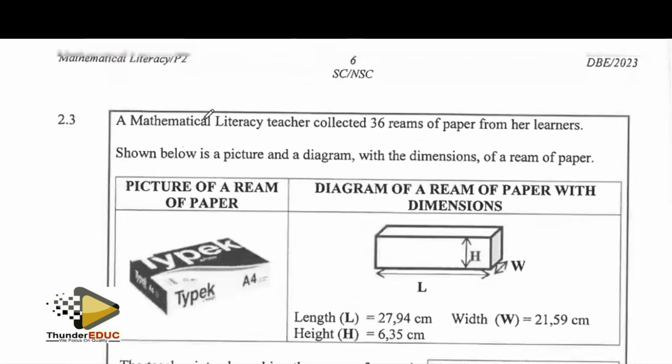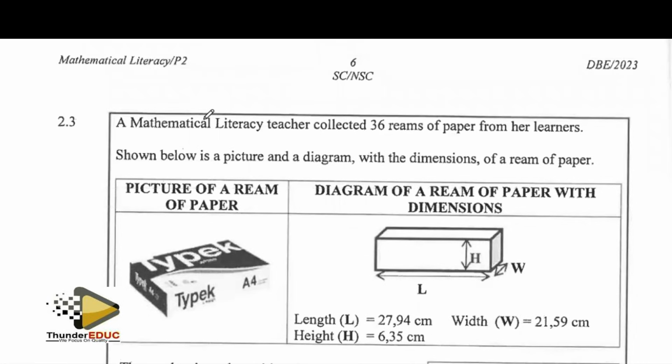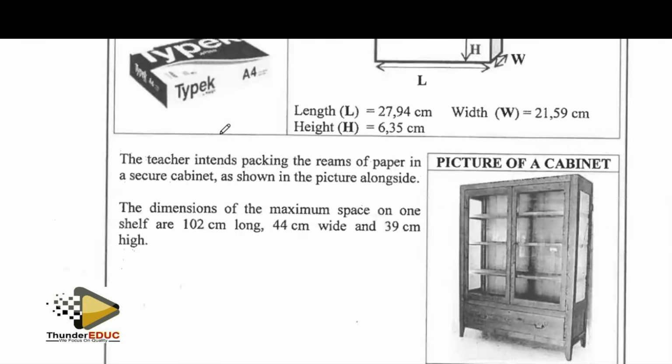Here we have the diagram. A mathematical literacy teacher collected 36 reams of paper from her learners. Shown below is a picture and the diagram with the dimensions of the ream of paper. The teacher intends packing the reams of paper in a secure cabinet as shown in the picture alongside the diagram.